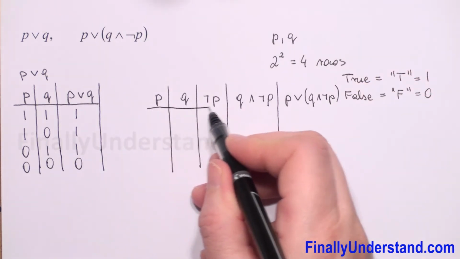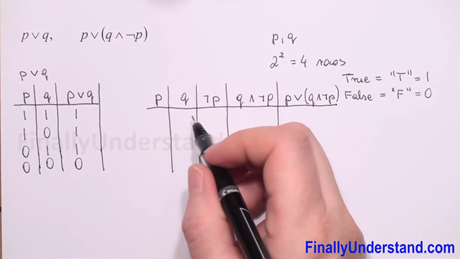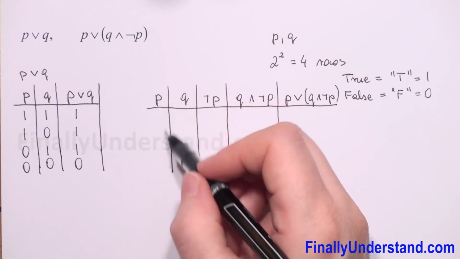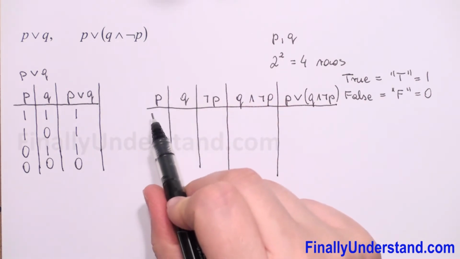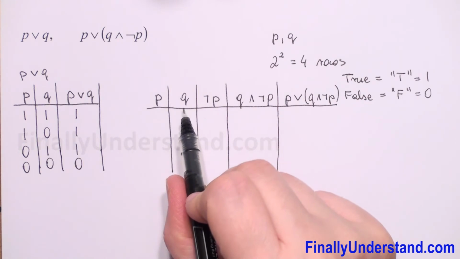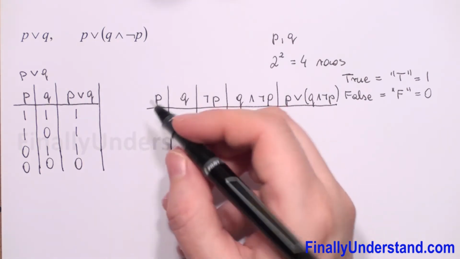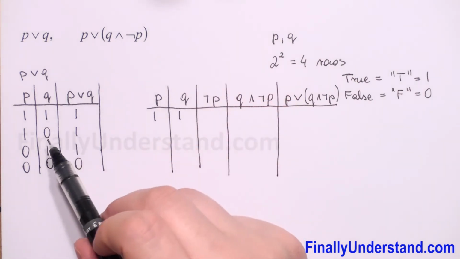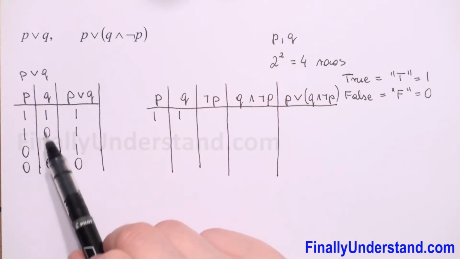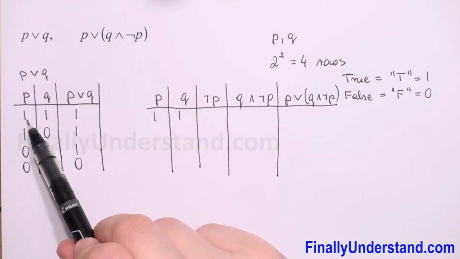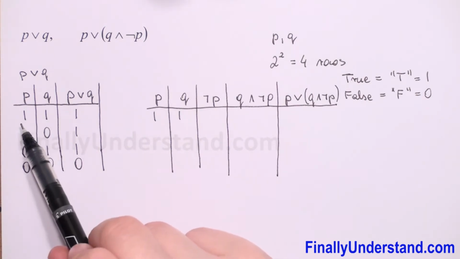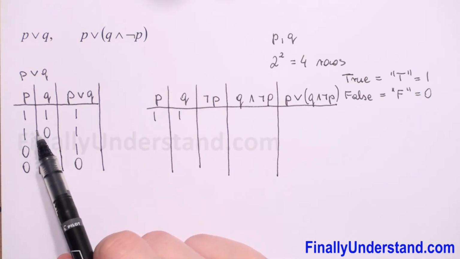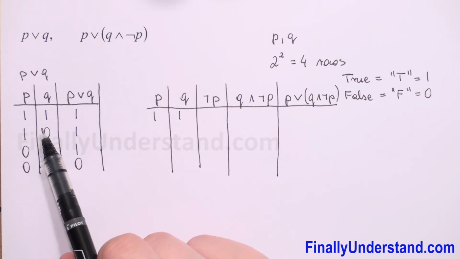Now, in the first two columns, we have to write all combinations. P can be true or false, and Q can be true or false. We have to use exactly the same combinations as in the first table, because it will be easy to compare the results.